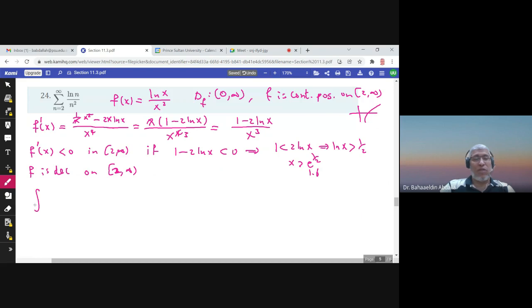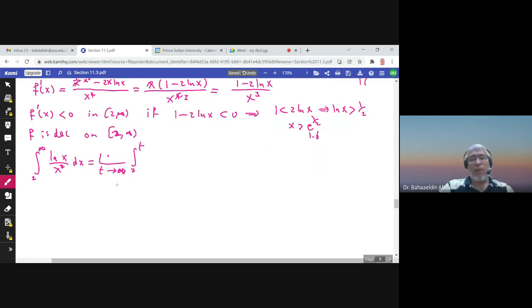So let us consider the improper integral of ln x over x squared from 2 to infinity. By definition, this is the limit of the integral from 2 to t, where t goes to infinity, of ln x over x squared dx.